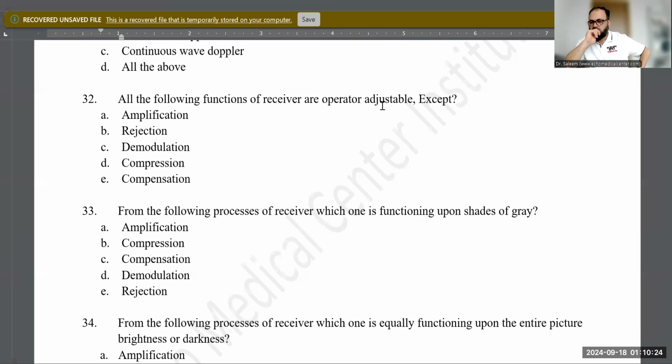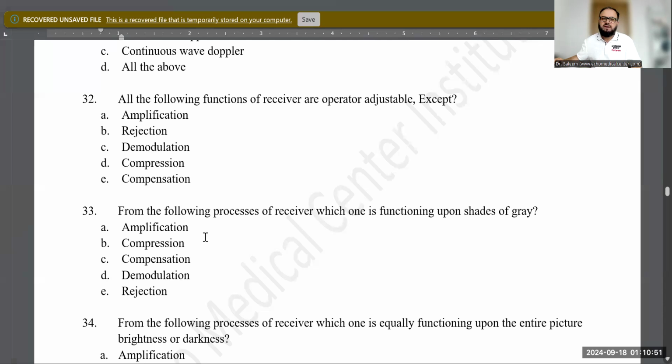Correct. C is the correct answer. Why? Because demodulation, you just click the button and you cannot say half should be pictures, half should be video. No, it will just convert everything from pictures to the video clip. So that is the one which is not in our control, demodulation.